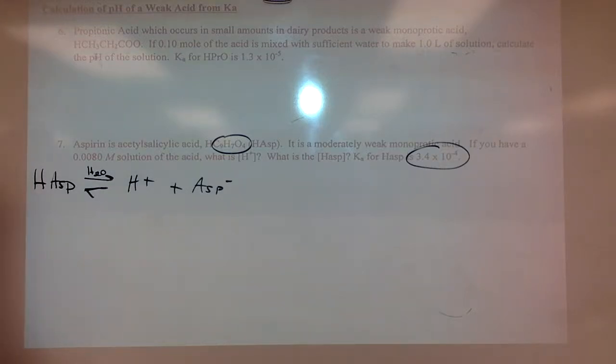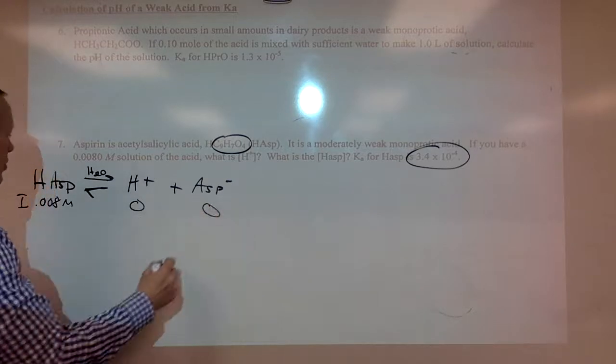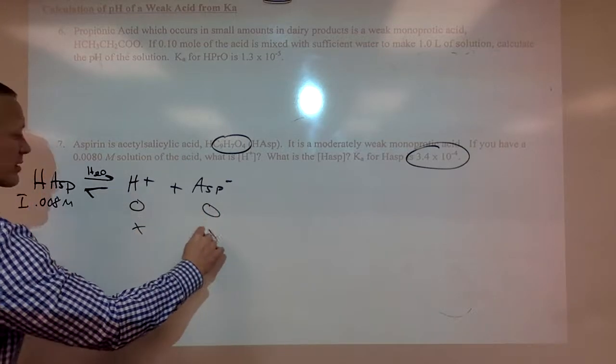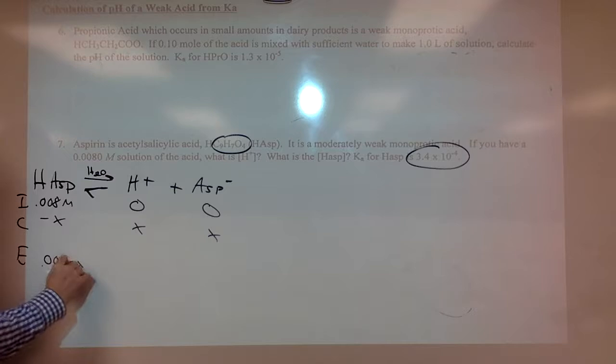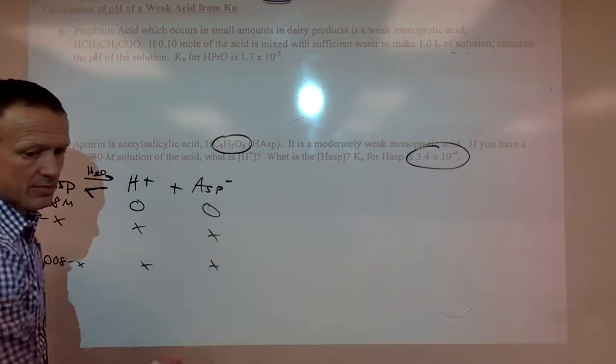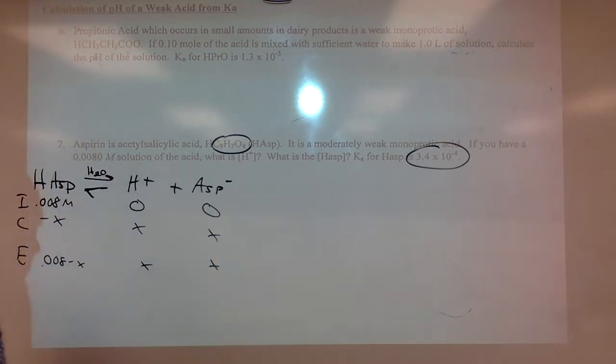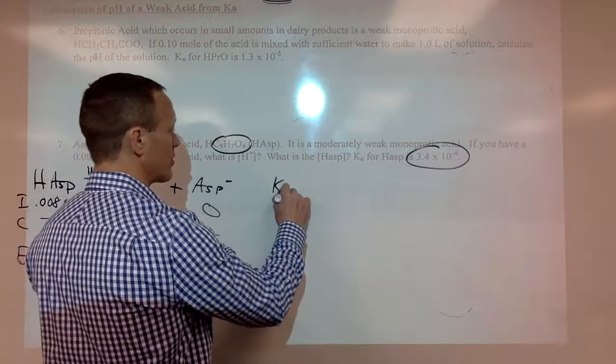So again, we can do the same thing. This is 0.008 molar initially, 0 molar, 0 molar. These are going to go up by X. This is going to go down by X. There's our change. At equilibrium, this would be 0.008 minus X. That'll be X. That'll be X. So we can set up our K expression.